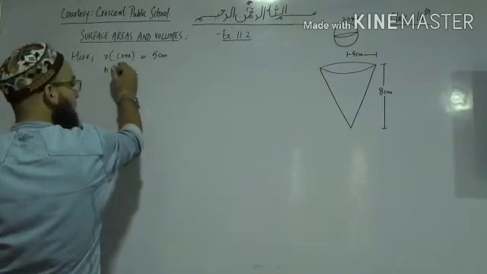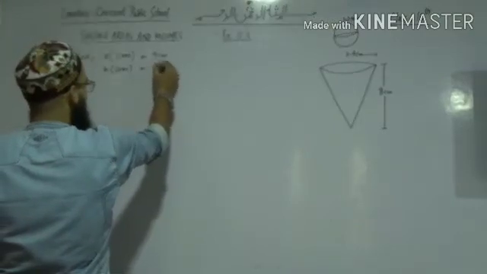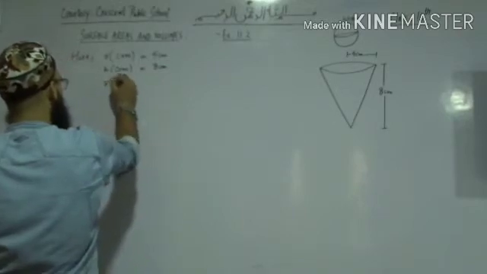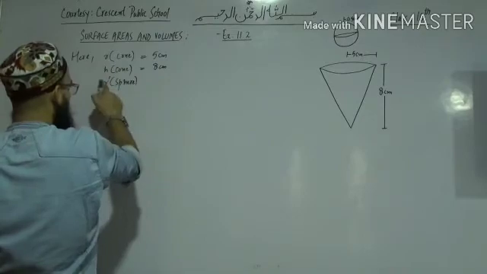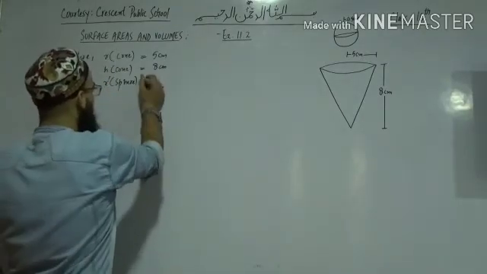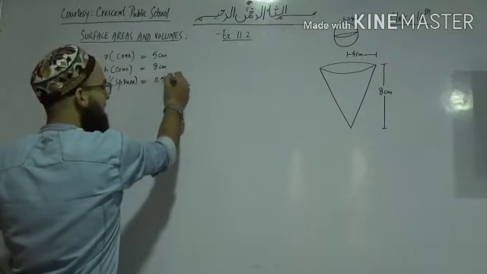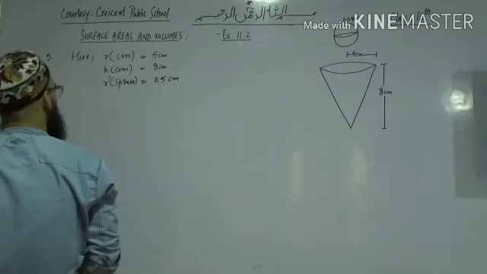Height of cone is 8 centimeter. Radius of sphere, let us distinguish it with dash, so r prime or r dash. Radius of sphere is 0.5 centimeter.